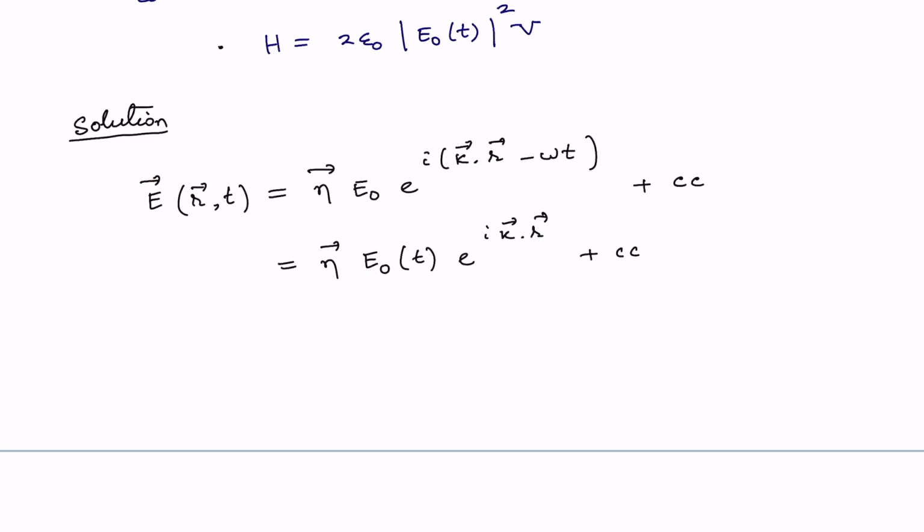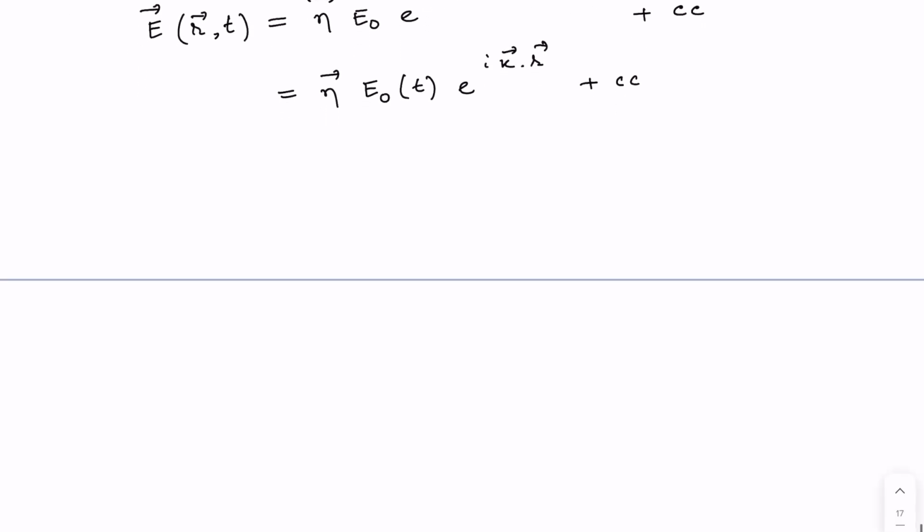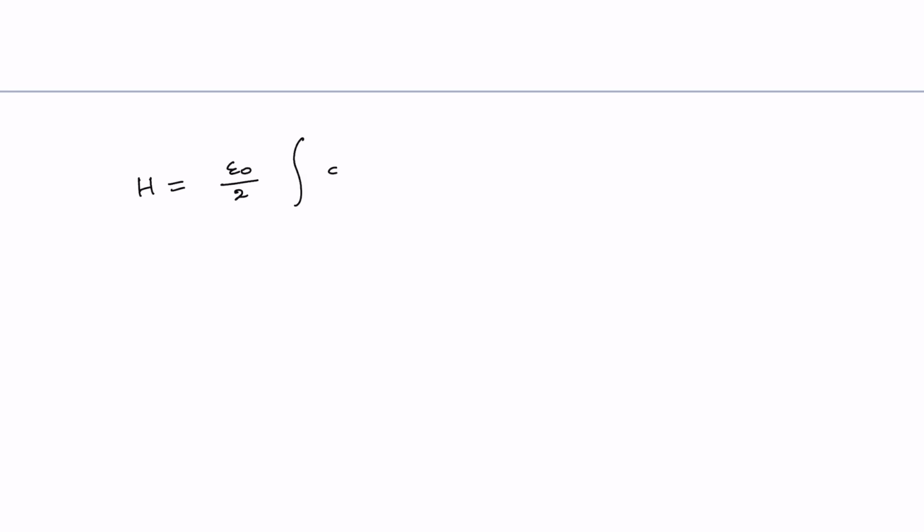Okay, now you know the Hamiltonian for an electromagnetic wave, which basically represents the total energy of the electromagnetic field, can be written by this formula. H is equal to epsilon 0 by 2, we are considering free space propagation, so integral d3r of E square plus c square B square.